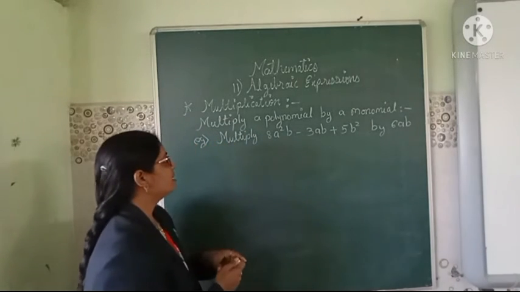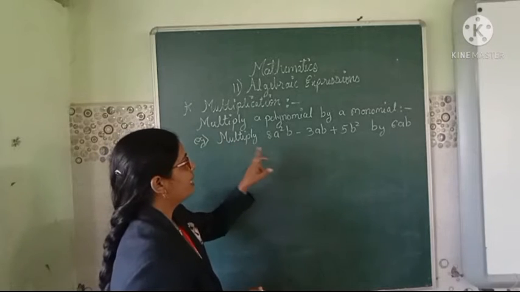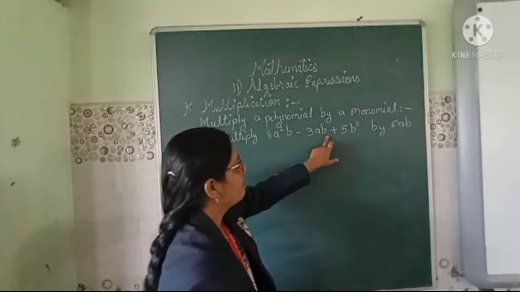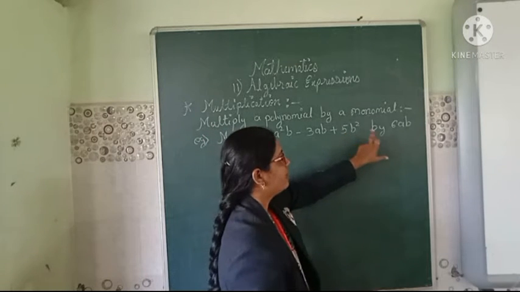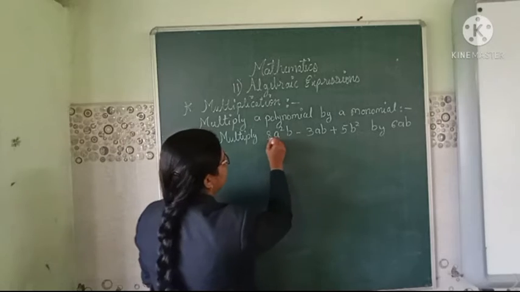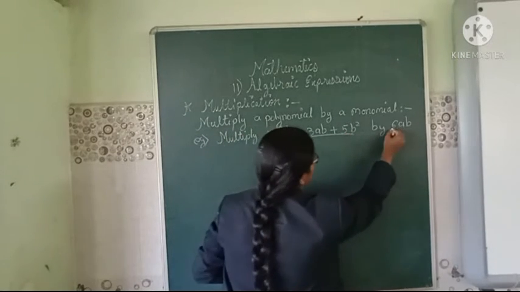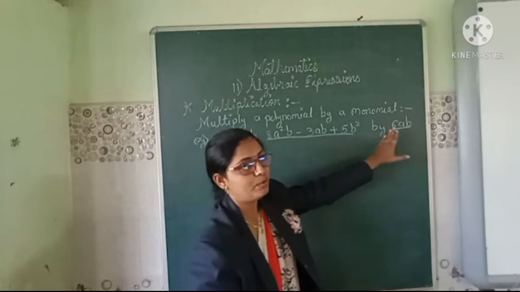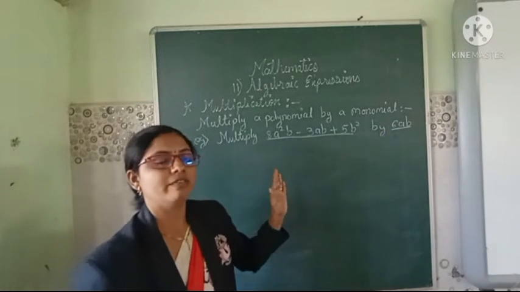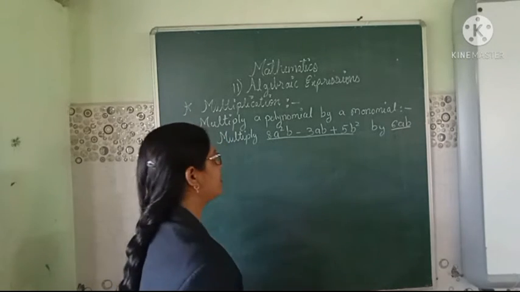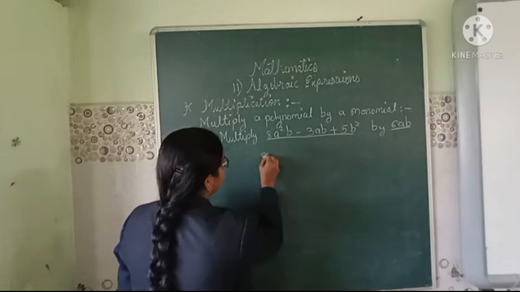The first example is: multiply 8a square b minus 3ab plus 5b square by 6ab. This has 3 terms and this has 1 term. So we have to multiply a polynomial by a monomial. You can solve it by the vertical method or the horizontal method. Let us see the vertical method.